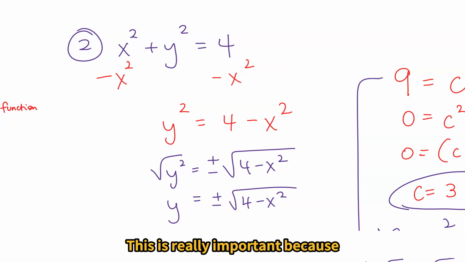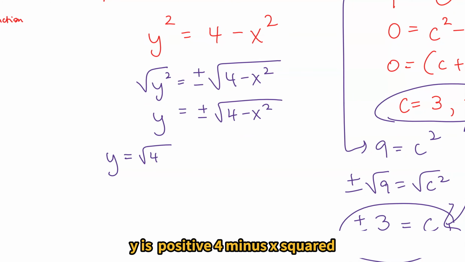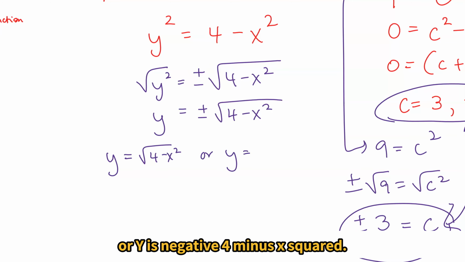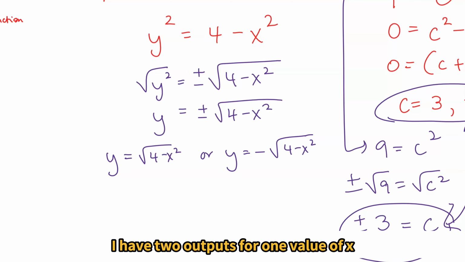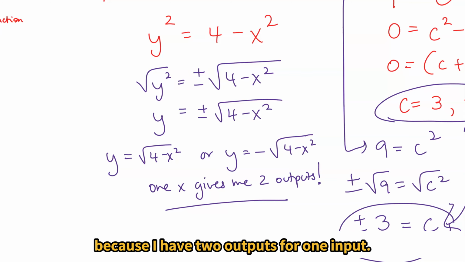This is really important because y is positive square root of 4 minus x squared or y is negative square root of 4 minus x squared. I have 2 outputs for one value of x. This is not a function because I have 2 outputs for one input.